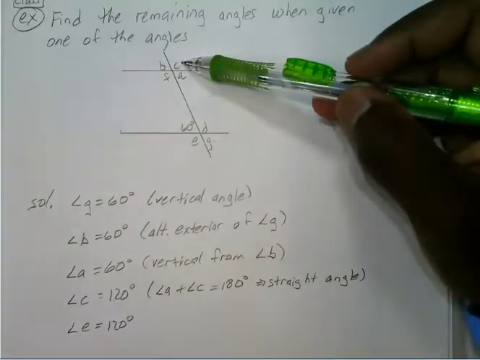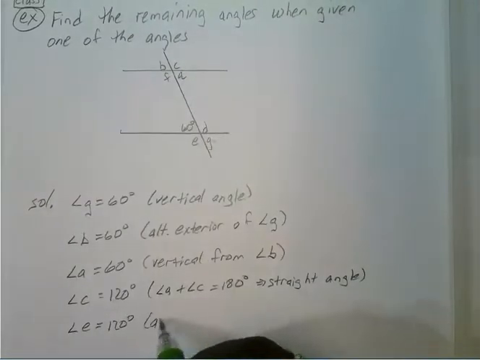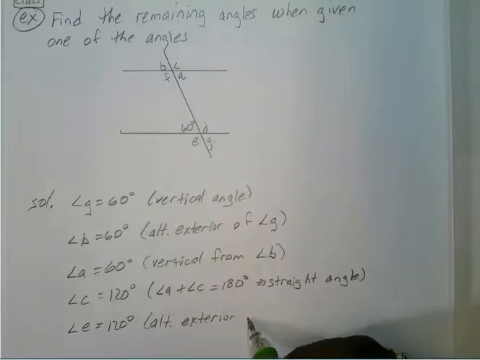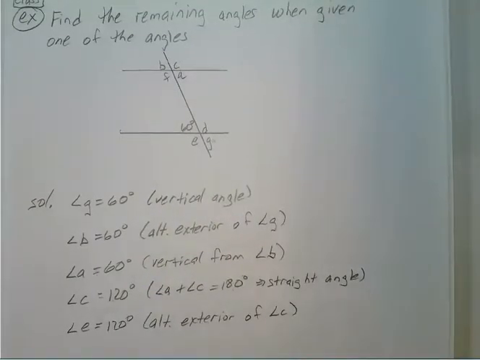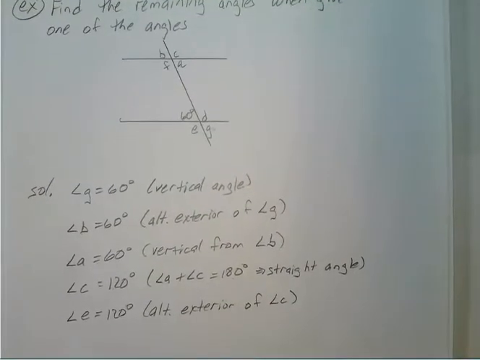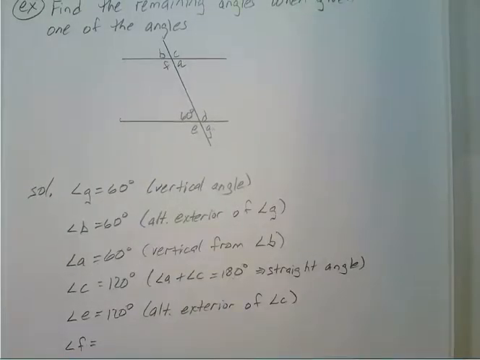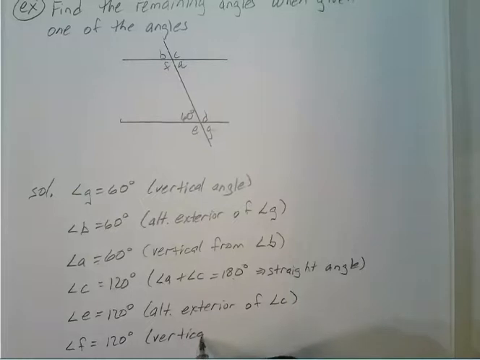So if angle C is 120 degrees, angle E is 120 degrees, alternate exterior of angle C. Which one should we do next? Let's do angle F. What do you think angle F equals? Well, angle F is equal to 120 degrees. How do we know that? Because it's vertical from angle C.